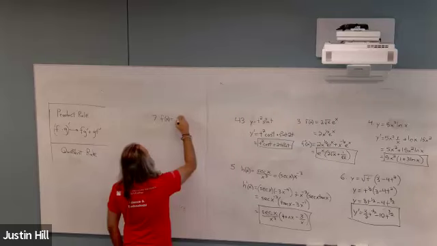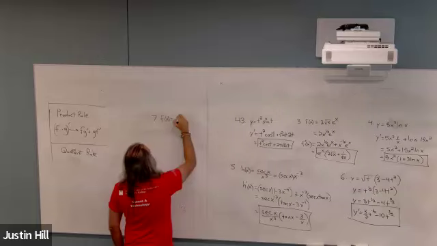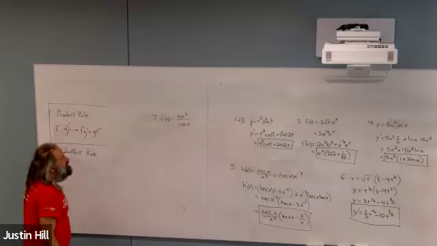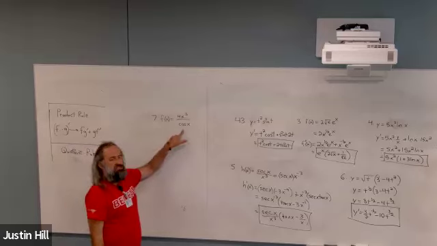let's say I had something like maybe 4x cubed divided by cosine of x. So in this case, I don't have any slick algebra.